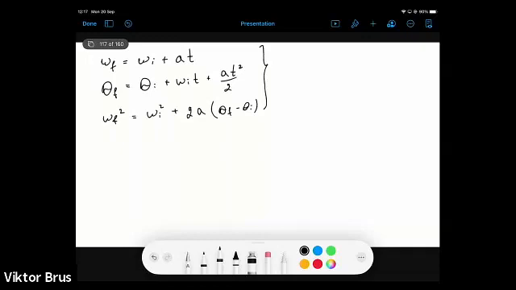Okay, so the kinematics of rotational motion is more or less clear. Now we need to consider rotational kinetic energy. So far, we were considering kinetic energy associated with translational motion. So we had this m times v squared divided by 2, kinetic energy.